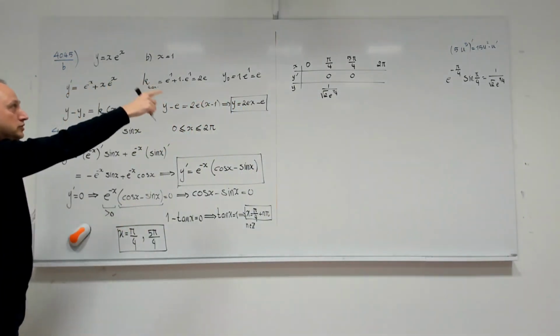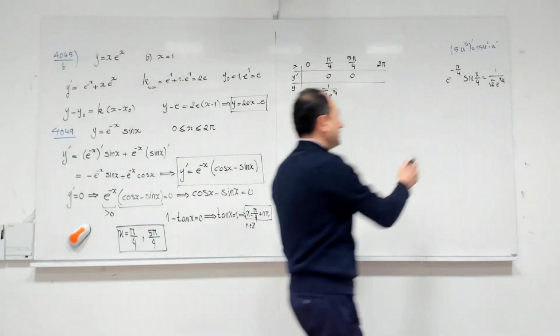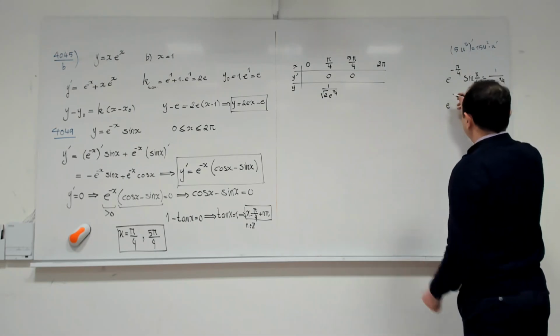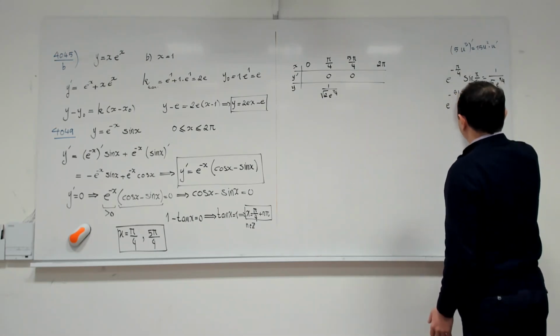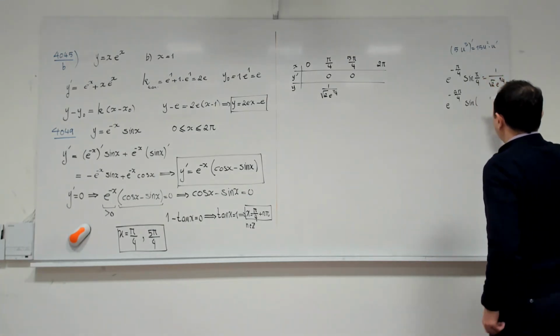And then I put the same 5 pi over 4 here. Then you have another problem: you need to remember how to find sine of 5 pi over 4 exactly. So how can I calculate sine of 5 pi over 4?